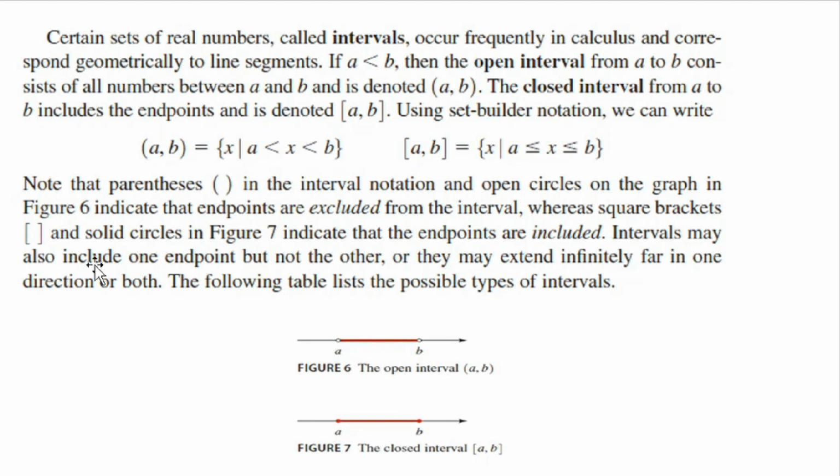Intervals may also include one endpoint but not the other, or they may extend infinitely far in one direction or both. The following table shows the possible types of interval.